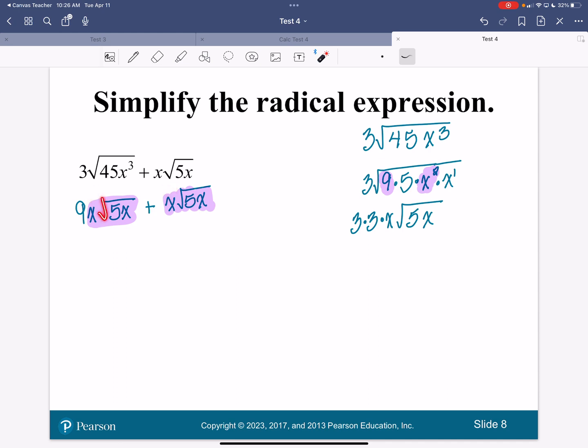They both have to be square root, and what's inside the square root has to be exactly the same to combine those. Now, what number is in front of this one right here? Good. So there is a 1 right here. So 9 plus 1 is 10, and then my term is exactly the same. So this right here is my final answer.